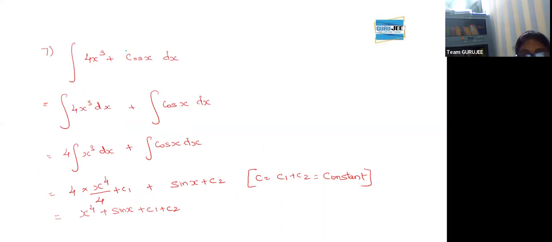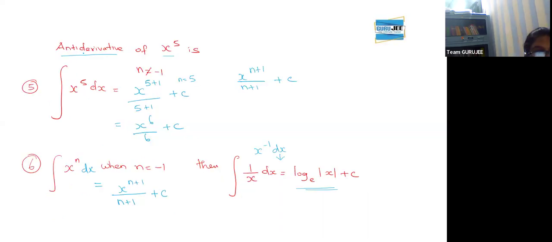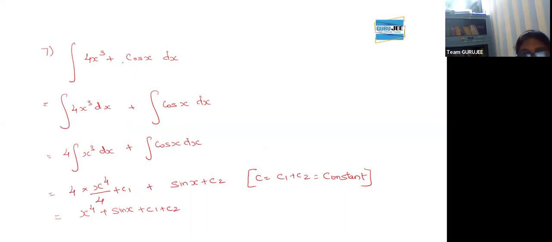Next one. Integrate 4x cube plus cos x dx. We cannot take this as a polynomial or algebraic expression, because one is a trigonometric function and the other is 4x cube. Both are different; it doesn't belong to one category. So here we are going to use the rules.